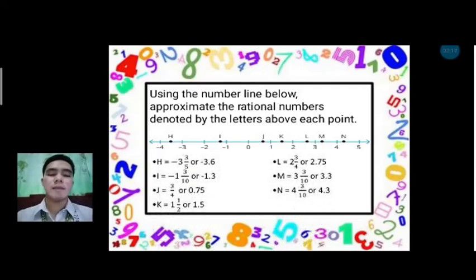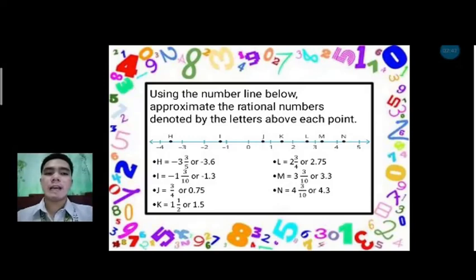For me, point H is approximately negative 3.6 because that is more than halfway between negative 3 and negative 4. So I must say that point H is negative 3.6 or negative 3 and 3 over 5 in fraction.